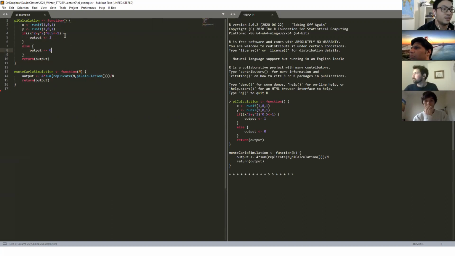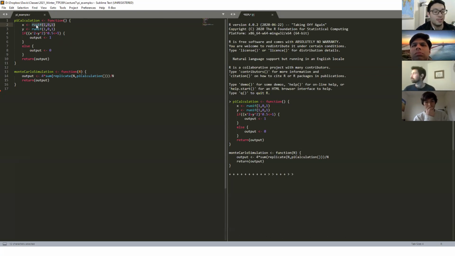And again, you don't need to know all the syntax and everything that's going on, but I'll walk through this so that everyone can see what's happening. There's a function called RUnif, which stands for random uniform. This is drawing from a random uniform distribution, and I'm going to take one draw from it, and it's going to be between 0 and 1.